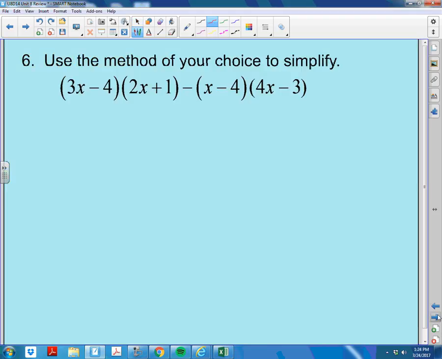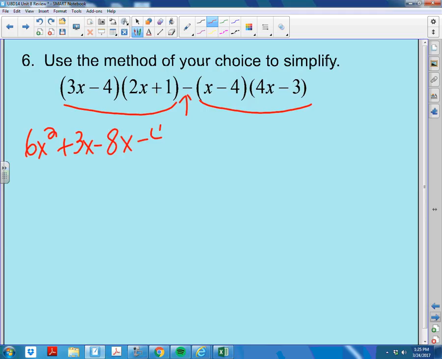This, however, Spencer, right? This one we can't distribute this subtraction sign. We need to go ahead and do this and go ahead and do this. Okay? So what we end up with in this is 6x squared plus 3x minus 8x minus 4, which simplifies to 6x squared minus 5x minus 4.